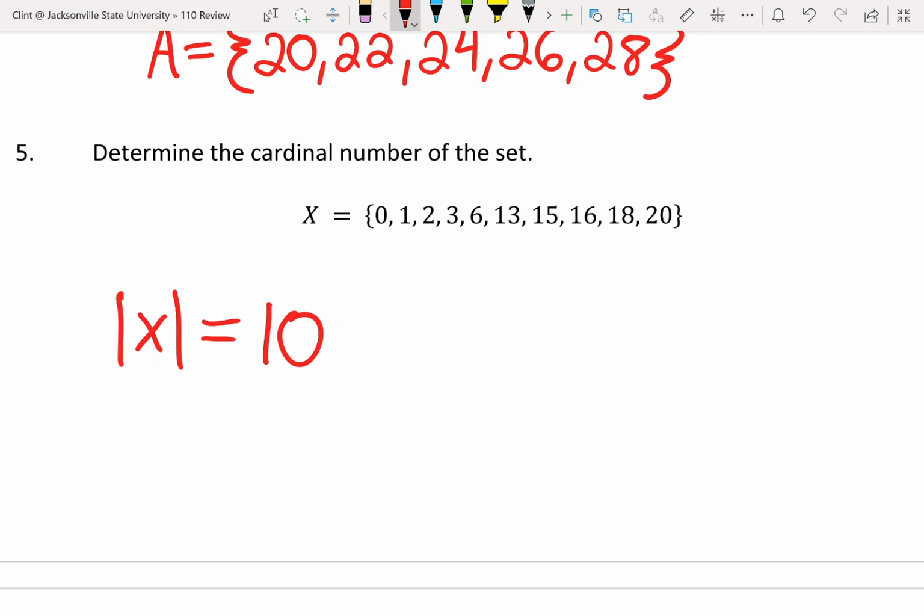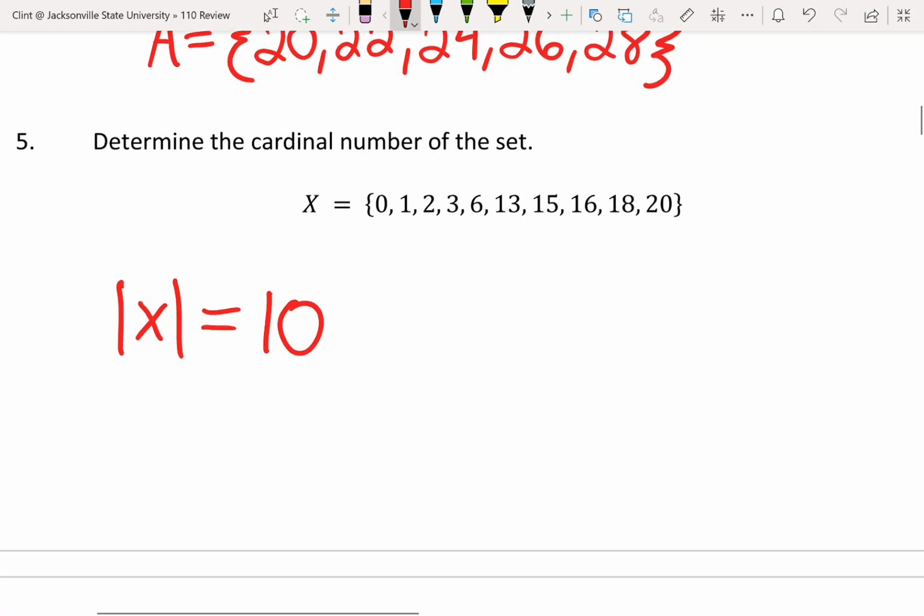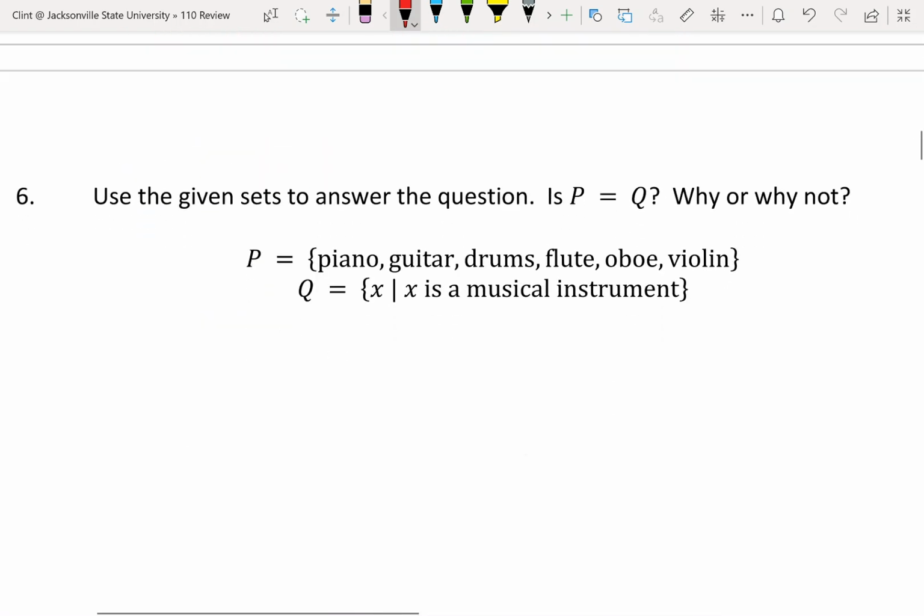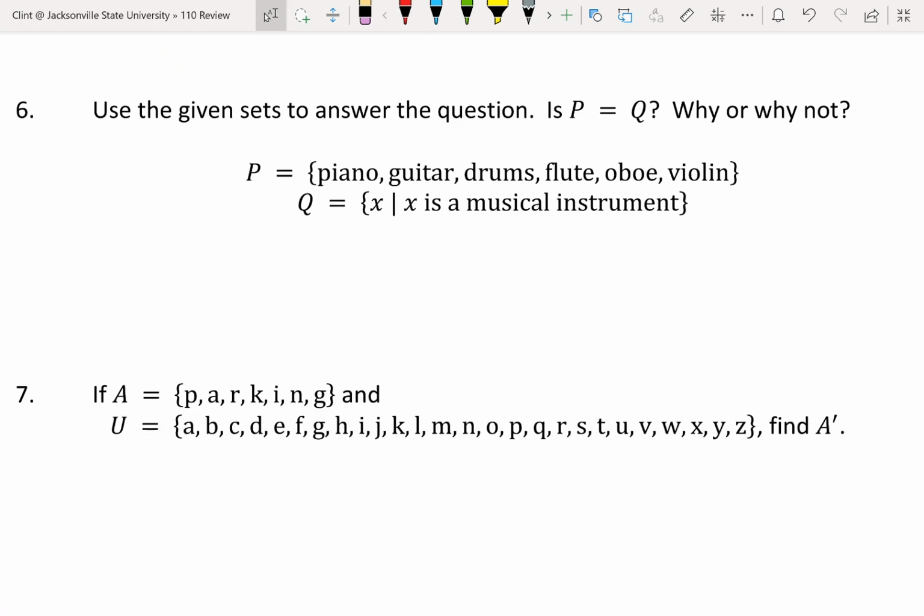Number 6. Let's see what we got coming up here. Number 6. And I have another vocabulary type question. It gives us two sets and asks us, is set P equal to set Q? Why or why not? So we have to remember the definition of equal when we're working with sets. In order for two sets to be equal, they have to have exactly the same elements.